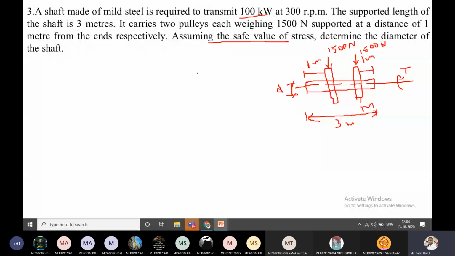Equivalent bending moment Me equals 1 by 2 times the bending moment M plus the square root of M square plus T square.